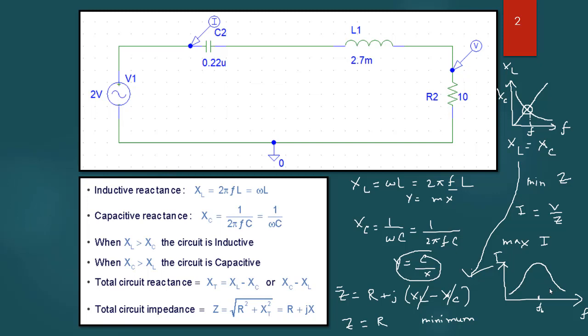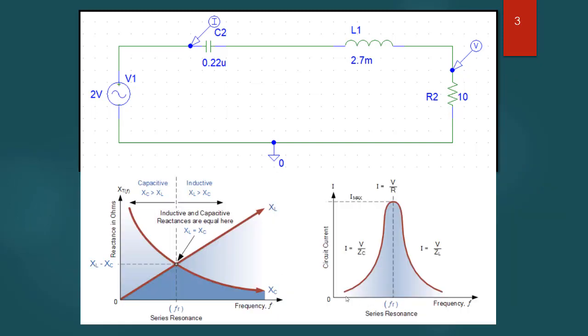Now these graphs are shown in this slide. You can see that this red line is XL and this one is XC. So we can see that at a specific frequency Fr, the values of XL and XC are equal.